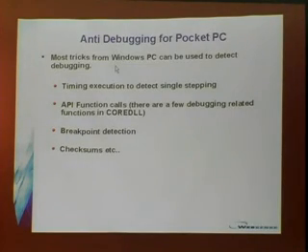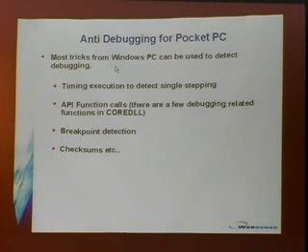So, the anti-debugging techniques for Pocket PC. Most tricks from Windows PC can be used to detect debugging. You can use timing execution to detect single stepping. You can use API functions to detect debuggers. There are a few functions inside coredll.